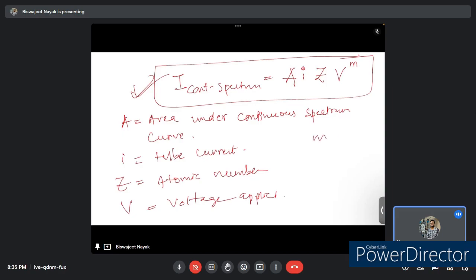And here m is a constant with a value 2. I don't have a particular reason for why they give this value.